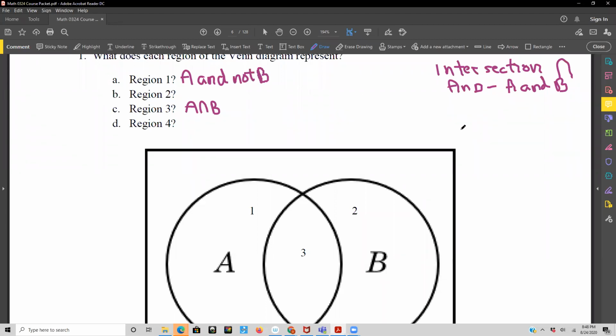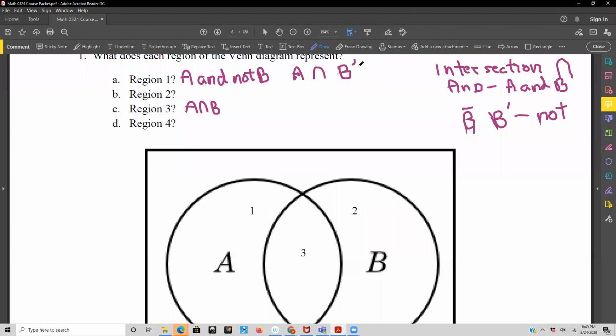For the word not, your teacher will either use a line or a prime symbol. I'm not sure what they use, so they will surely tell you. This means complement, not. And I'm using the word and, so it's an intersect. So it's A and not B, so B with a prime on it, or a line over it. So that's how I say that.